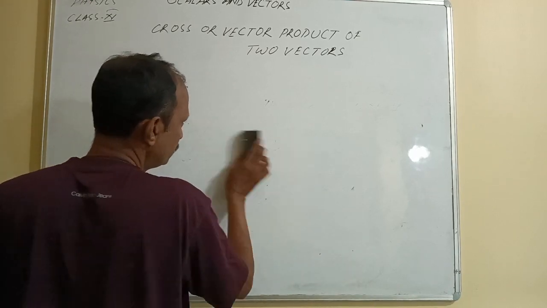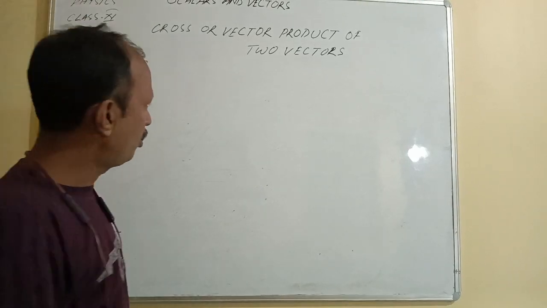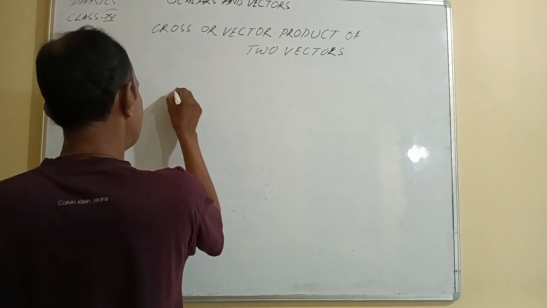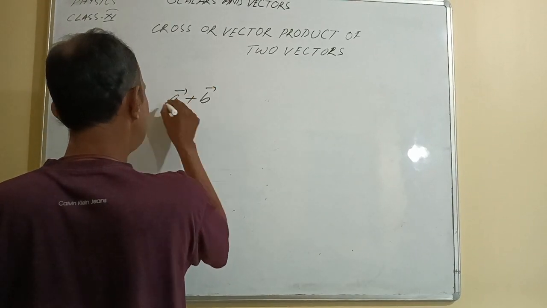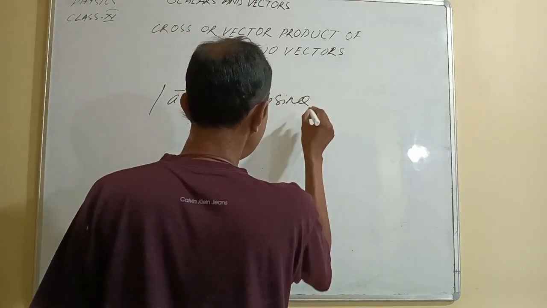See here, children. So I said that the magnitude of A cross B is equal to AB sin theta.